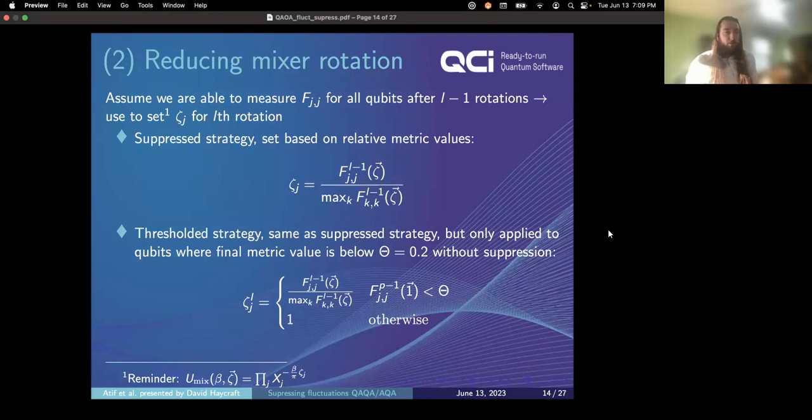For the threshold strategy, it's identical, except it only sets it to that relative metric value when the Fubini-Study metric is less than 0.2. Otherwise, it leaves it unmodified.